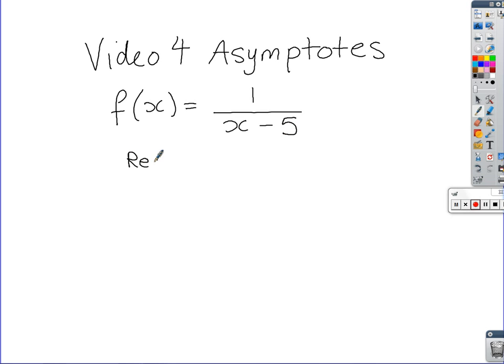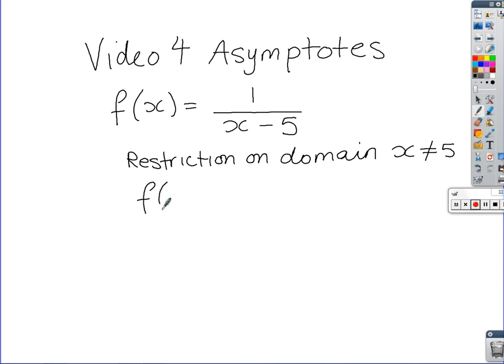So this restriction on the domain for this function was that x is not equal to 5, because if it were, then we don't have a value for the function. So f of 5 doesn't exist, can't do that.